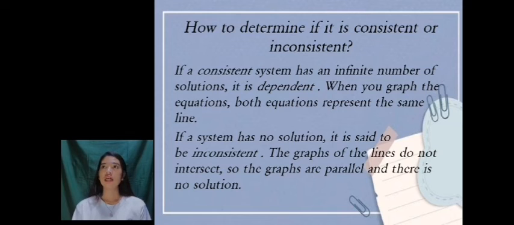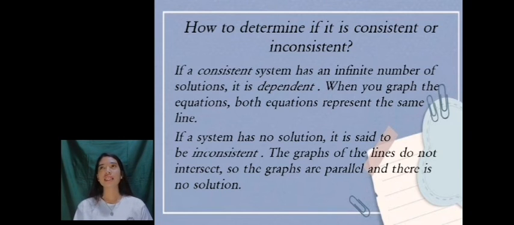So, in conclusion, in graphing a system of linear equations, we have two different types of graph. First, we have inconsistent, and the second is consistent. We can say that it is inconsistent if the two lines form parallel lines.